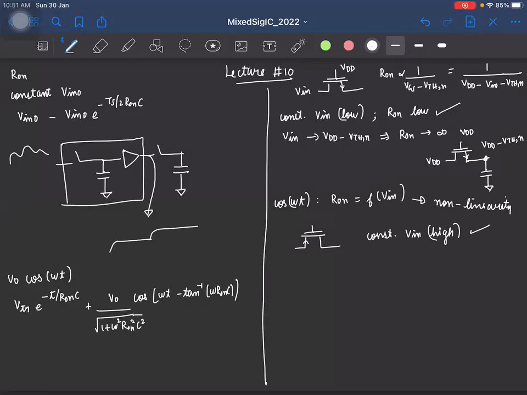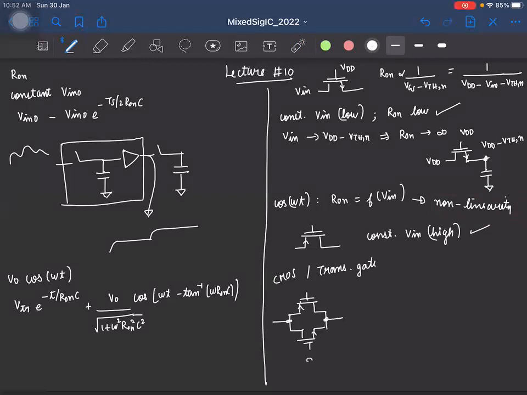And if the input starts to vary, it will again have nonlinearity. And we also saw that we can combine both the NMOS and the PMOS switch and form what is known as the CMOS switch or the transmission gate. So it will look like this. So we take the PMOS and the NMOS and put them in parallel.